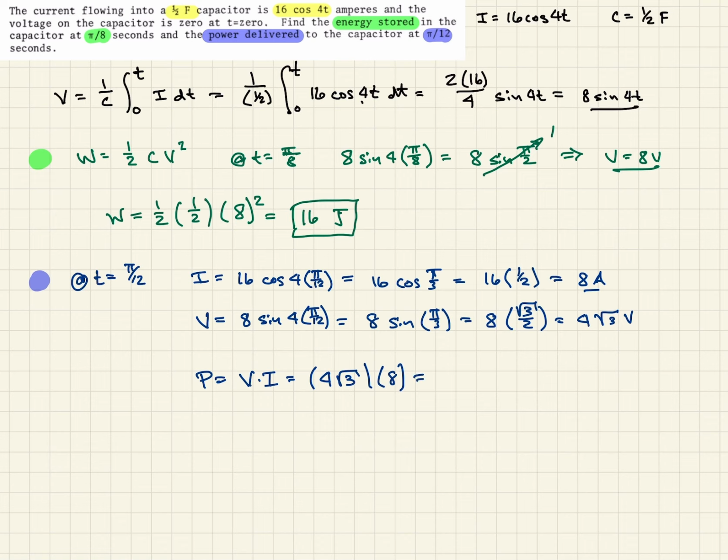And so that'll just be 32 times the square root of 3. Or if you want to get that out to a number, that's about 55.426 watts. So that's the answer to the second part of our problem.